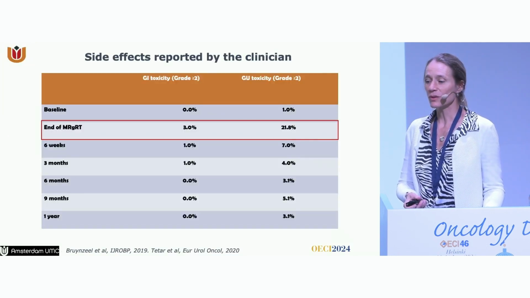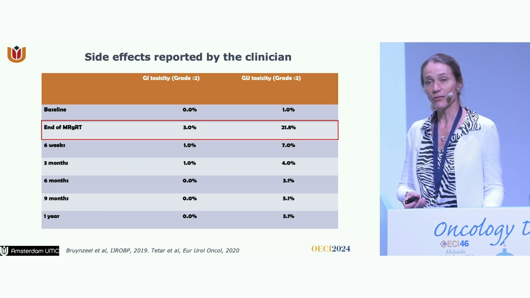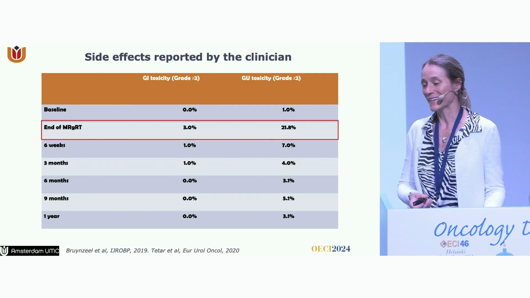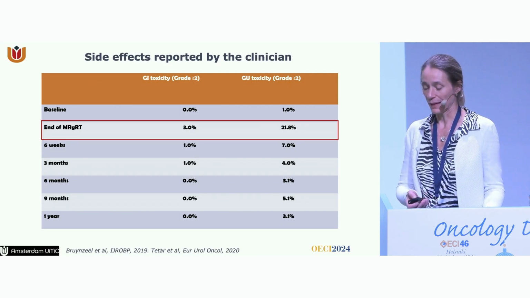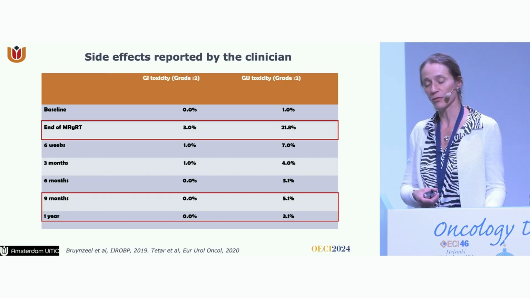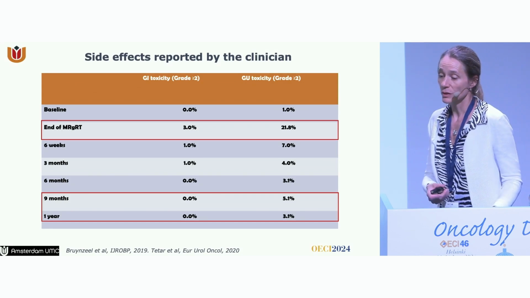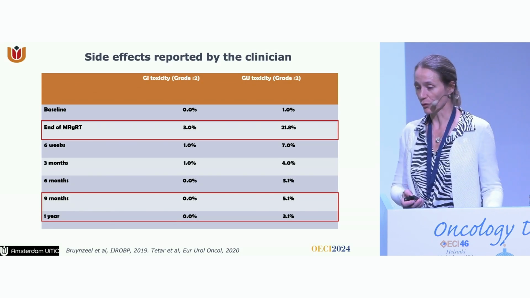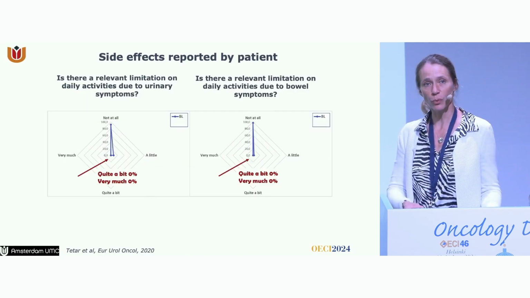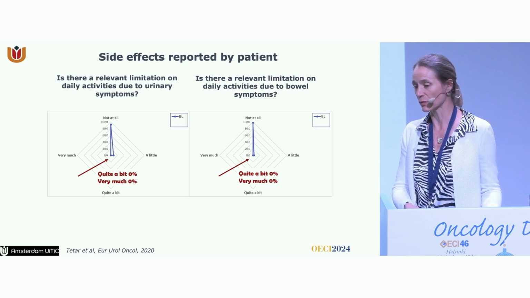Clinician-reported side effects, grade 2 or greater, were highest at the end of radiotherapy. During follow-up, the grade 2 or greater GU toxicity remained between 3 and 5%, and there was no GI toxicity observed. And I will address 2 important questions regarding patient-reported outcomes.